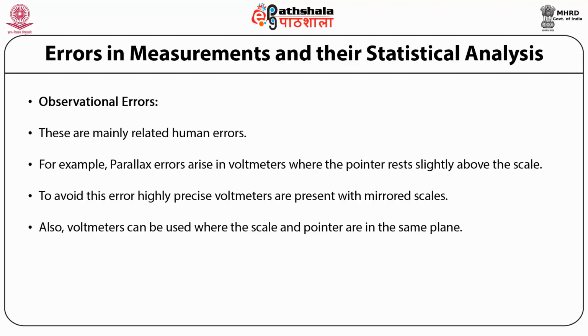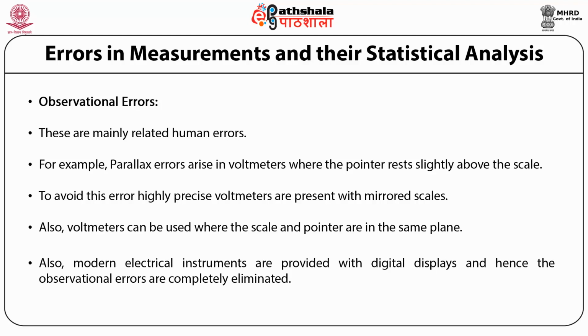Also, voltmeters can be used where the scale and pointer are in the same plane. Also, modern electrical instruments are provided with digital displays, and hence the observational errors are completely eliminated.